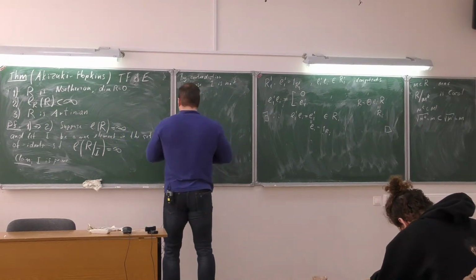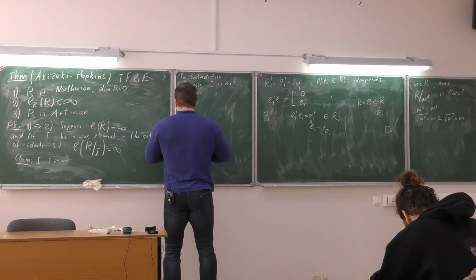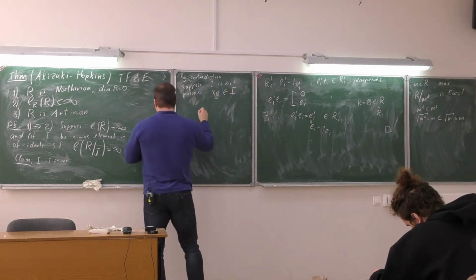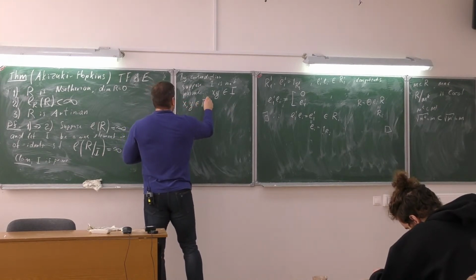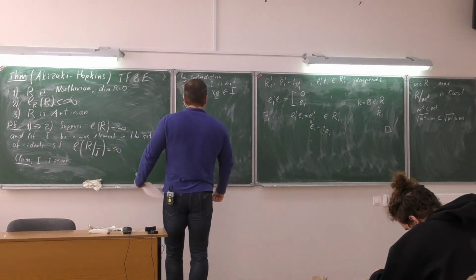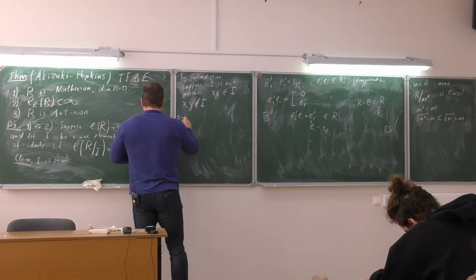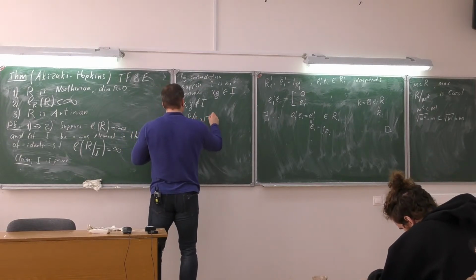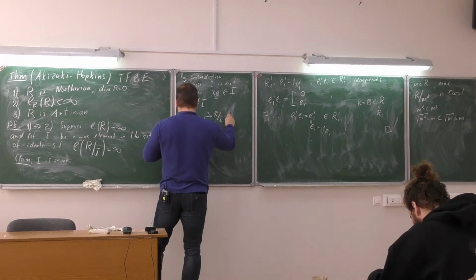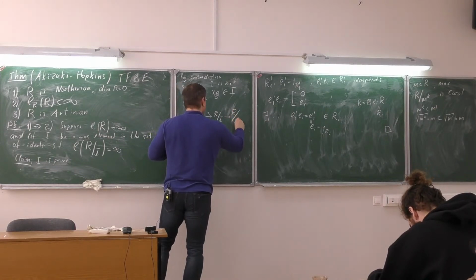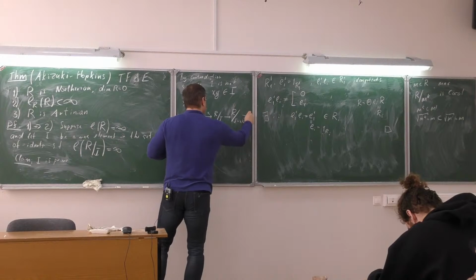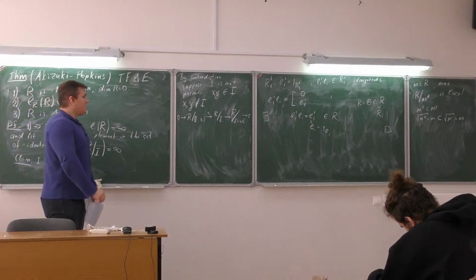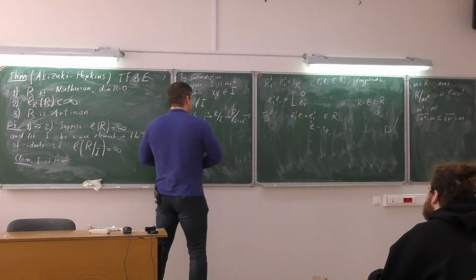Well, this means that I can find x and y such that the product xy is in this ideal, but x and y are not in this ideal. And I now want to look at the short exact sequence that we discussed in the seminar. So we proved in the seminar that this sequence is actually a short exact sequence. Now, what can we see?